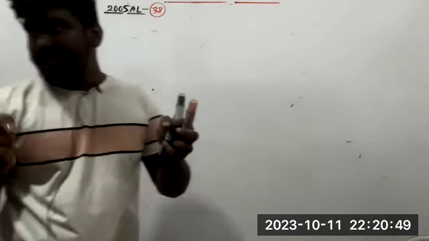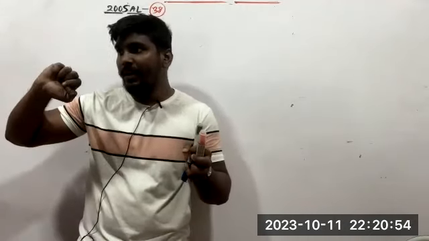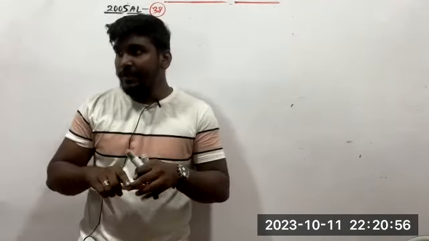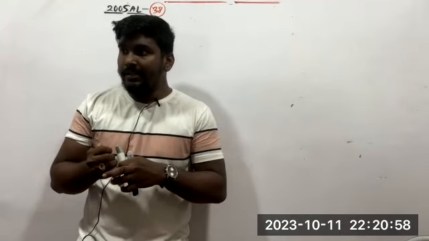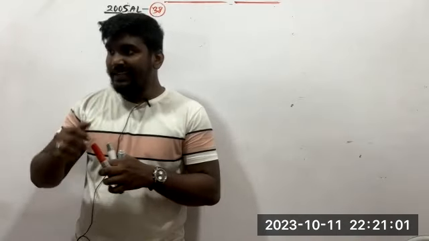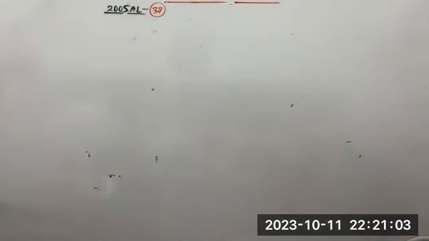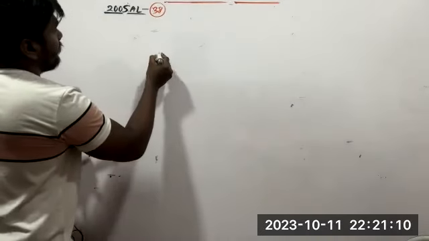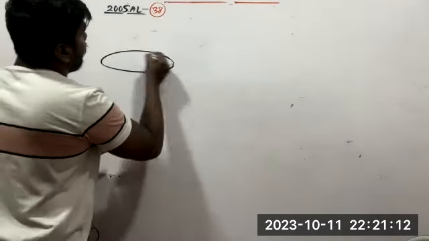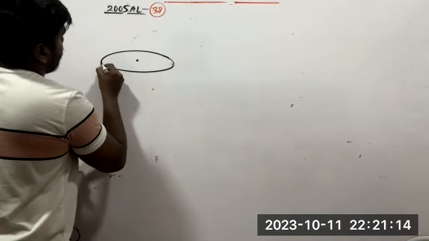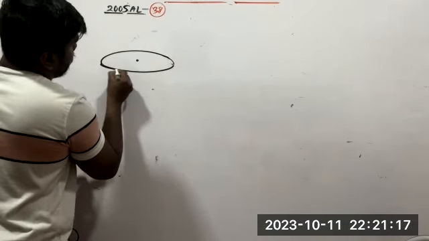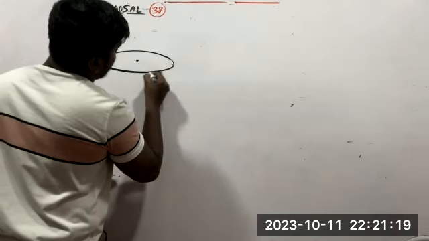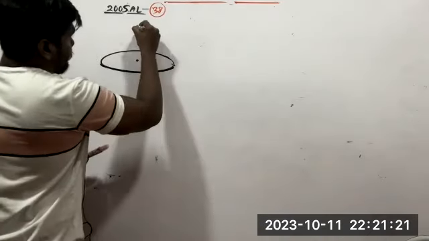a uniform circular disk of radius capital R and mass capital M rotates with a uniform angular speed omega in a horizontal plane about an axis passing through its center perpendicular to its plane. Disk of mass M and radius R, axis of rotation.